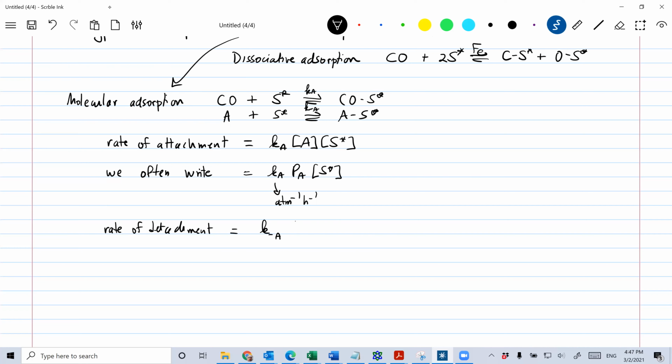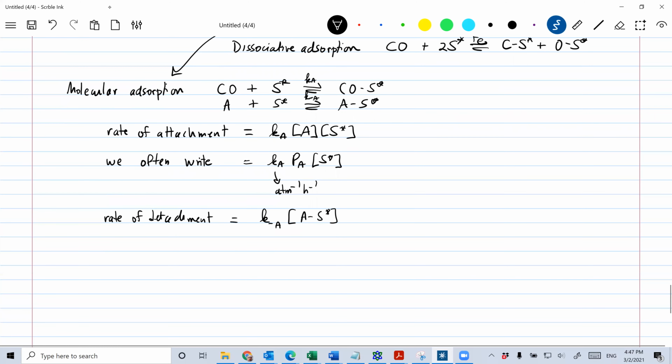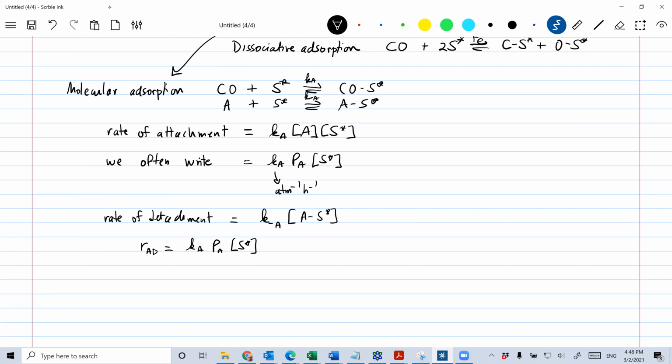The rate of detachment is K minus A times AS star, right? Now the overall rate, which we'll call the rate of adsorption, is Ka Pa S star minus K minus A AS star. And you can factor things out.